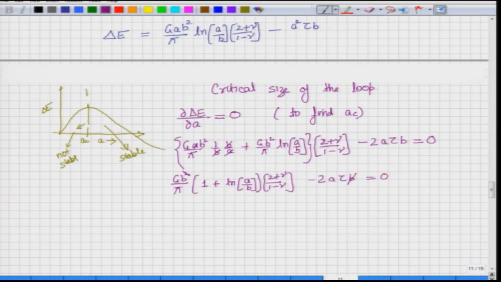So, this B gets cancelled, and what we get is A critical. Now, this is an implicit equation. So, the AC is on the left hand side and also AC will be on the inside. We are not in a position to convert it to an explicit equation.